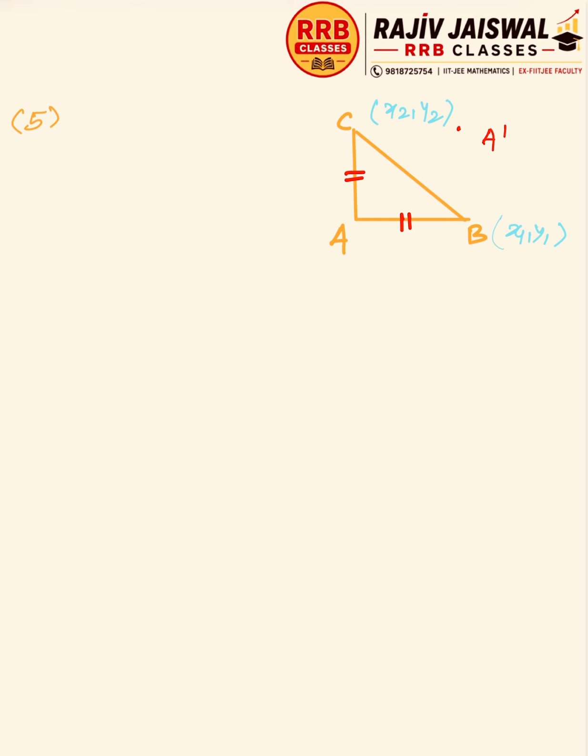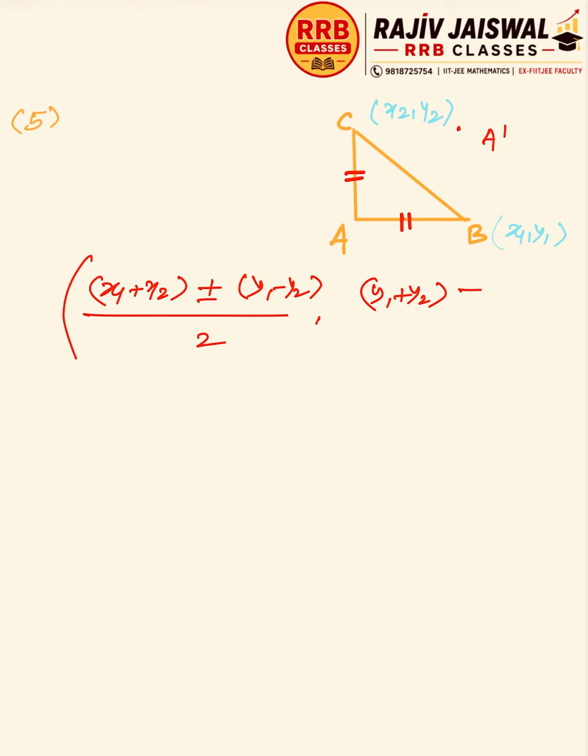It is simple: sum of the abscissa, x1 plus x2, plus minus the difference of ordinates upon 2, and then y1 plus y2 minus plus x1 minus x2 by 2.